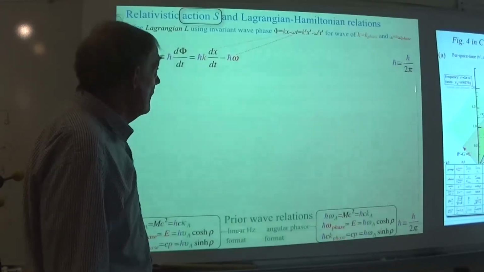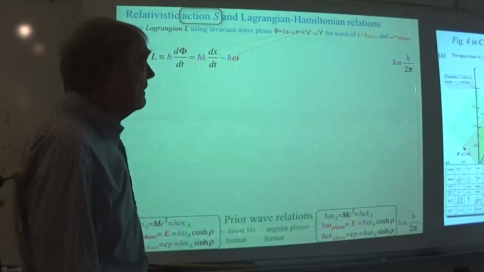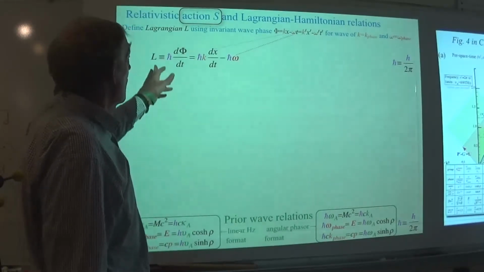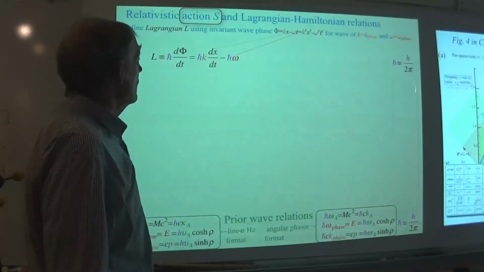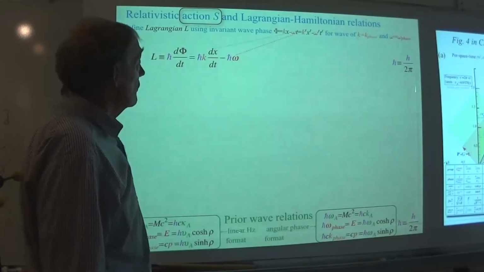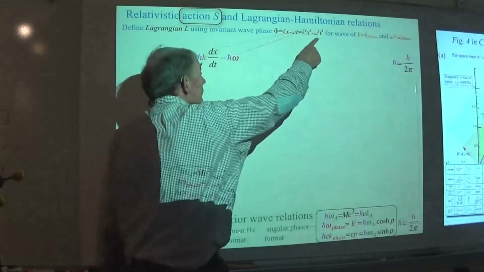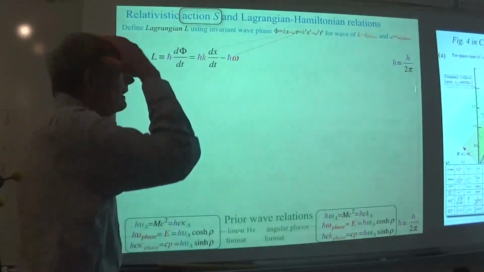Now the relations that we may have time to look at just really briefly, and this is where the Lagrangian comes in. Lagrangian as a derivative of this thing we call phase, and there's the phase the way we've written it for just doing wave mechanics here.